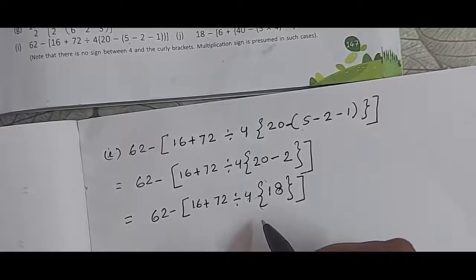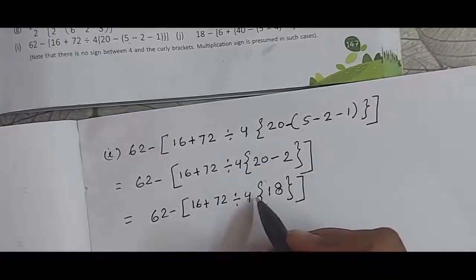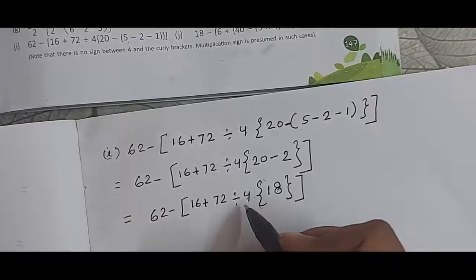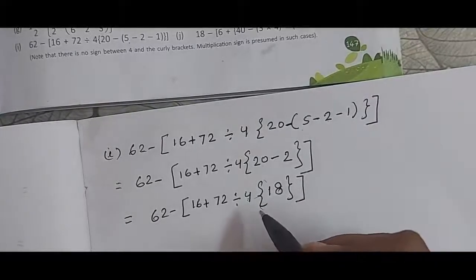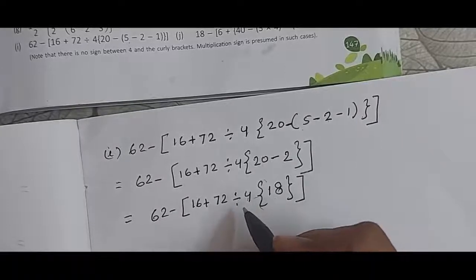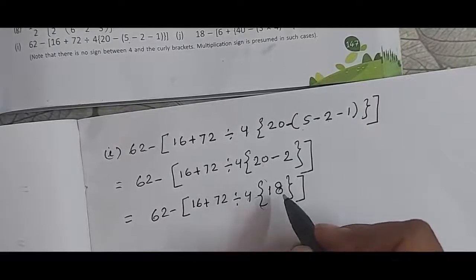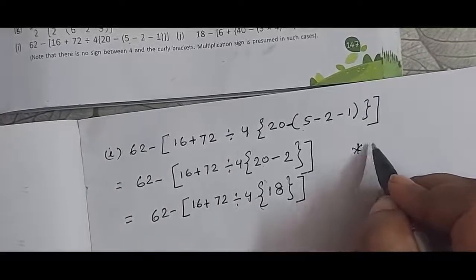Now the question will come in your mind, what are we going to do with these two numbers between 4 and 18? So what we say is, whenever there is a bracket and no sign between the number and the bracket, you have to remember this point.